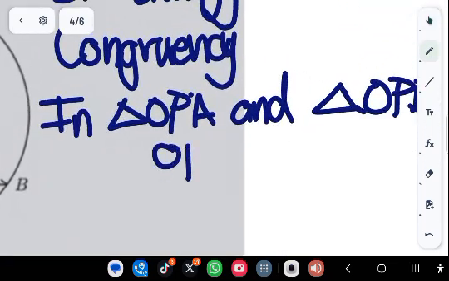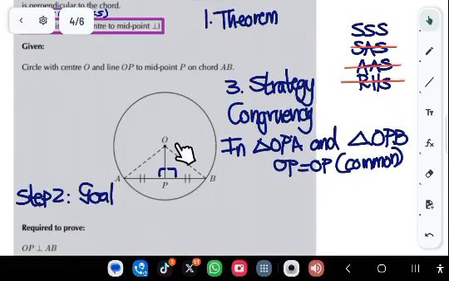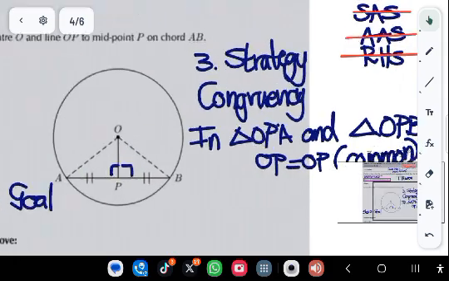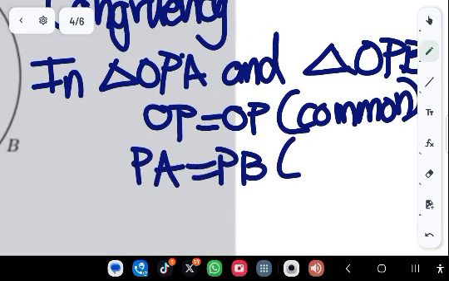OP is equal to OP, and the reason is common side. You can write common side or simply common. Number 2, side PA is equal to side PB. That is given. We are given PA equals PB.